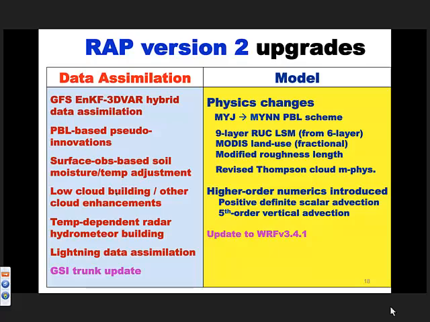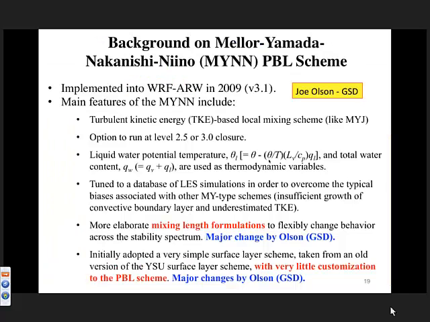Yeah, thanks for asking. Okay, so we're now switching over to the right side of the screen and going to give you a quick update on the improvements in the model for RAP V2. So one of these aspects is switching to a different boundary layer scheme that does a better job in stable conditions.